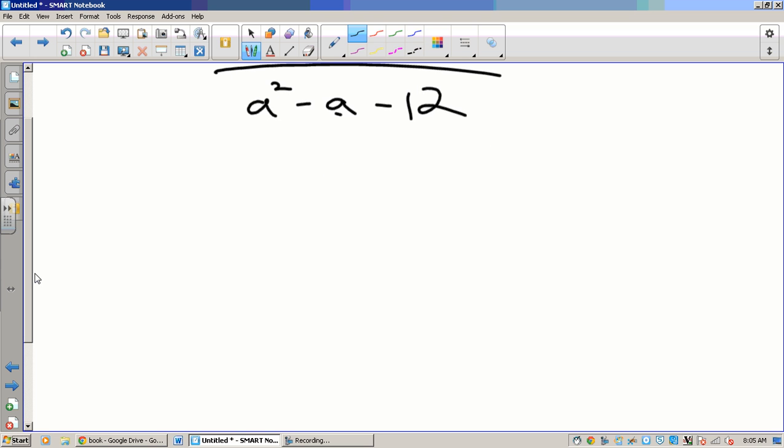A squared minus a minus 12. What does this factor into? Joel, what do I factor here? What am I looking for? I'm calling on you because you're spaced out and not paying attention. What am I factoring with? A squared minus a minus 12.